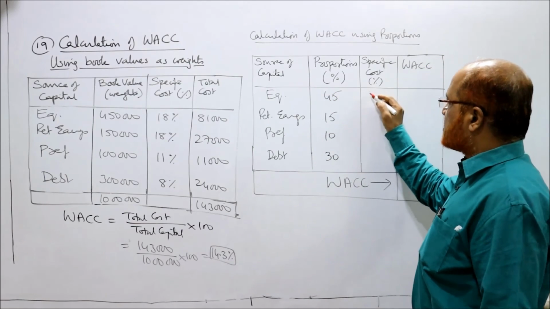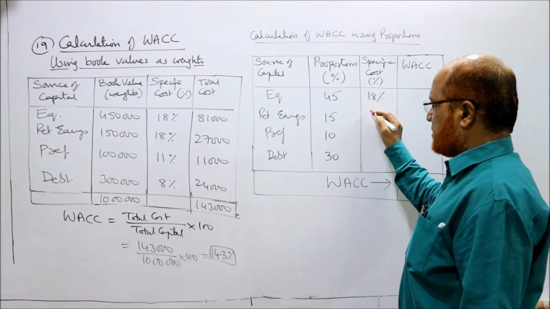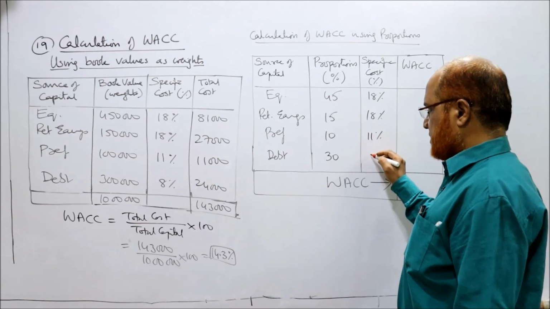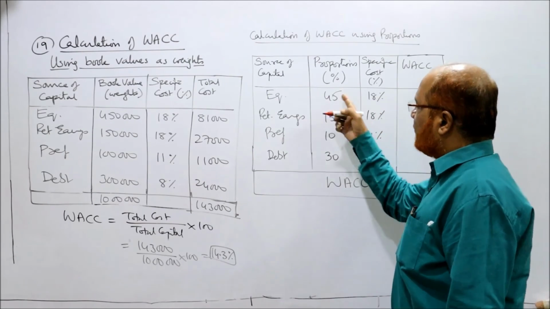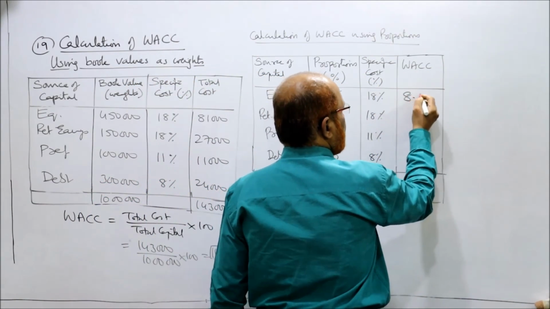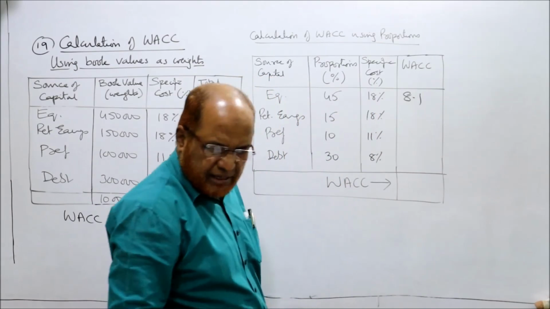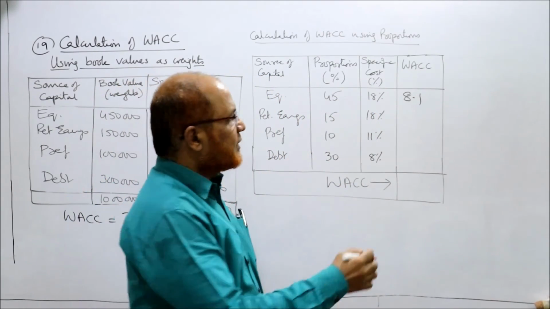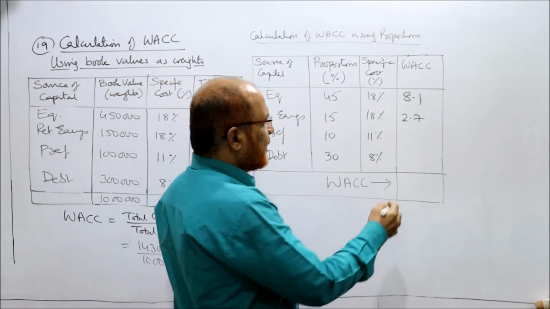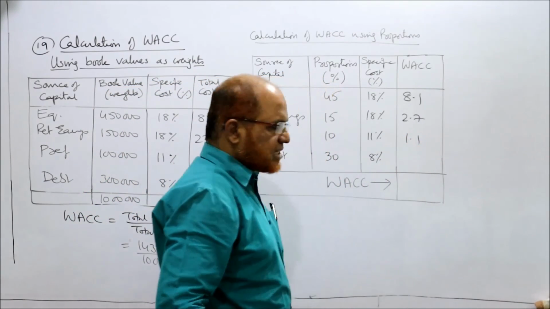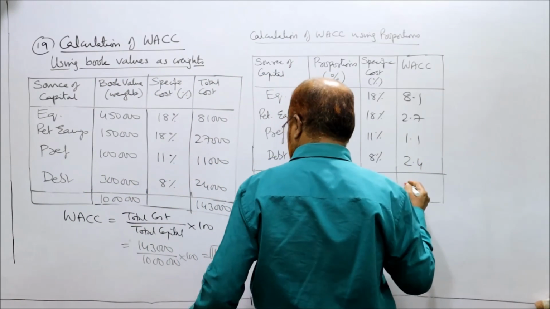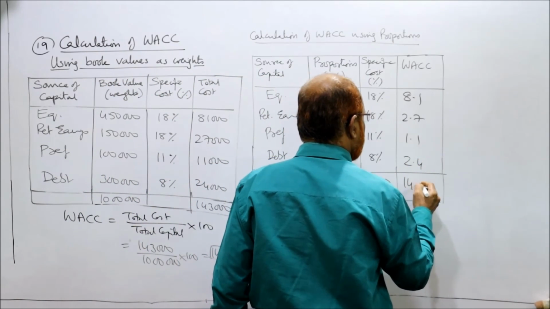Now the specific costs are 18%, 18%, 11% and 8%. Now 45 into 18%, you'll get 8.1. 15 into 18%, 2.7. Then 10 into 11%, 1.1. Last one 30 into 8%, 2.4. Total is again 14.3.